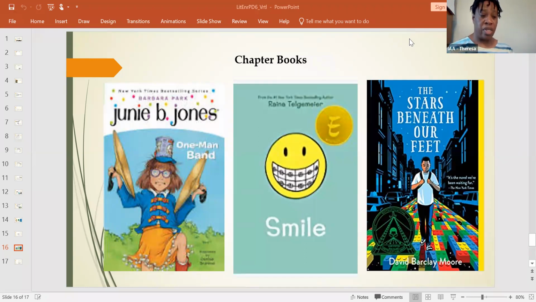Again, with the chapter books, like I said, if you're going back to step 1, utilizing a theme, like coming up with some type of topic that is related to middle schoolers and high schoolers, that will get those kids engaged.